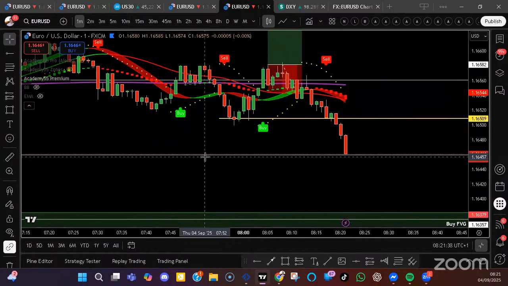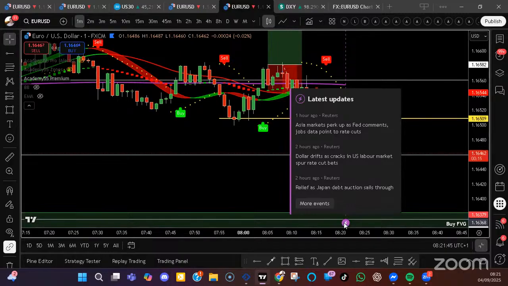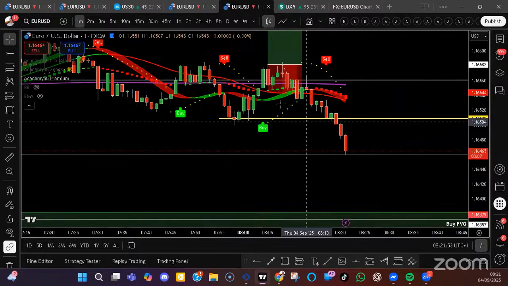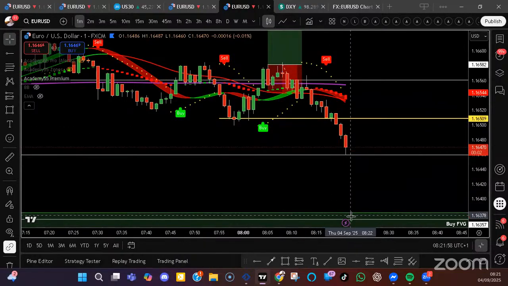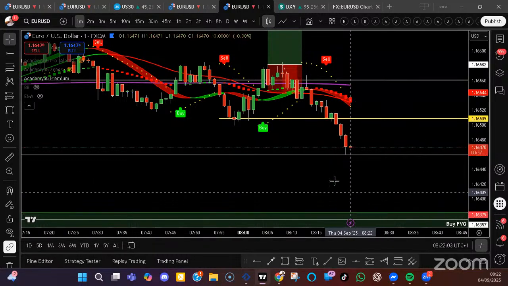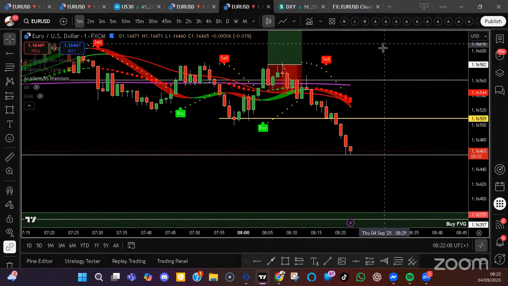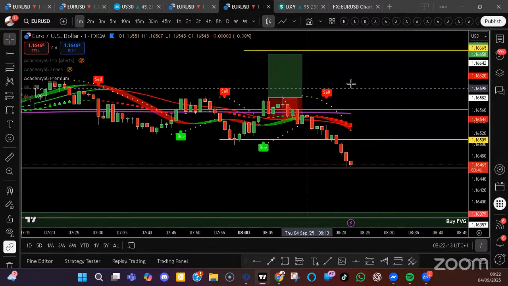They're either going to bounce or break off this line here, or perhaps tap into this, depending on what the dollar does, obviously. If the dollar's regaining strength, then we'll see this fall even more. But if the dollar loses strength, then we will get this scenario where price will once again rally on the euro and go up to these areas here.